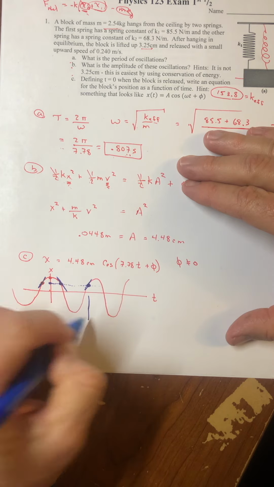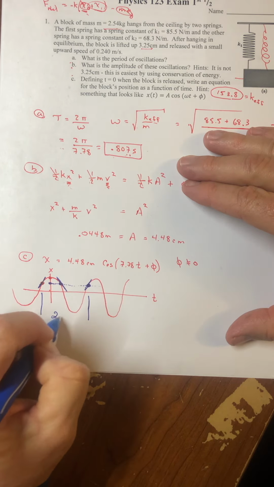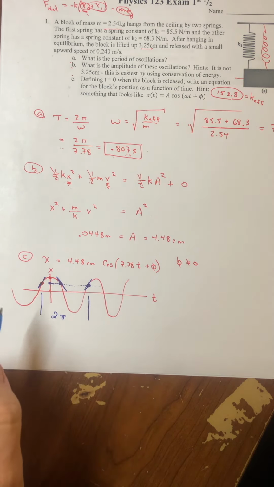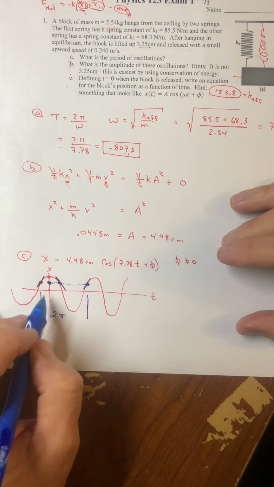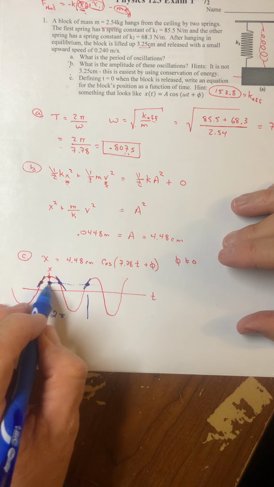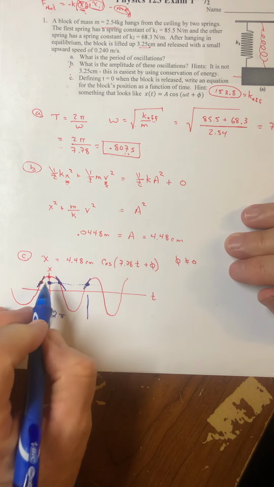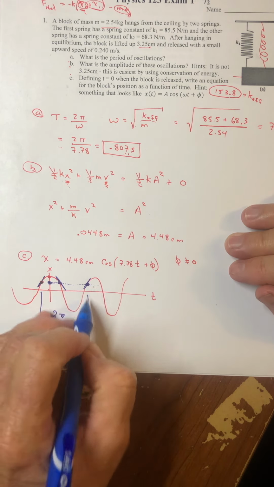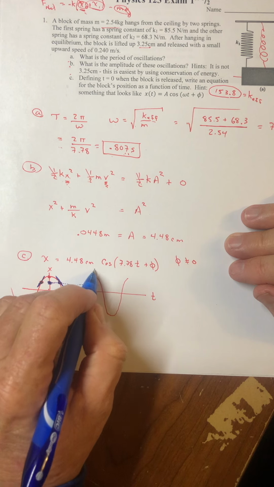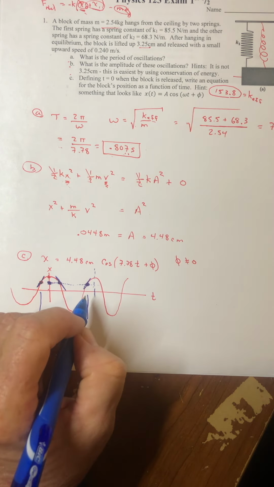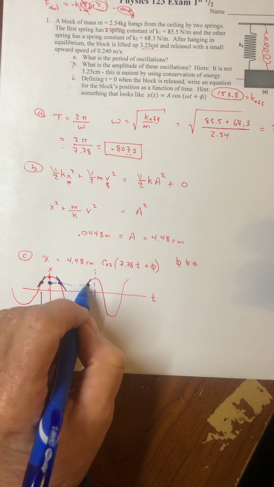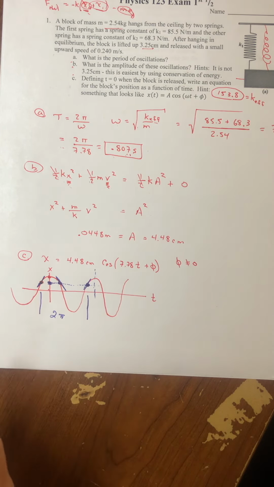And so these two differ by 2 pi. So we need to find either a small negative number or a big number that's just a little bit short of one full cycle. So this 2 pi is a full cycle, but we can write it as that one, or we can write it as that one.